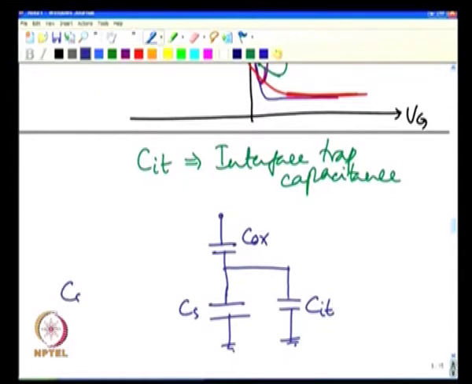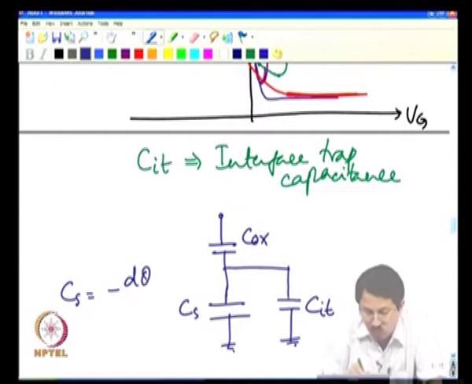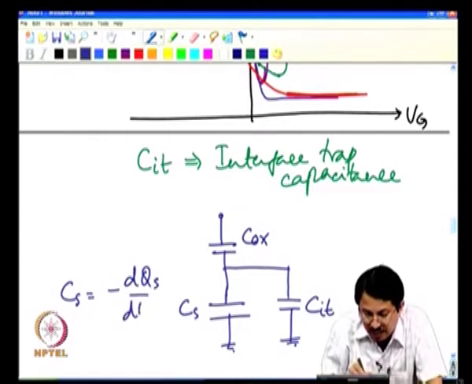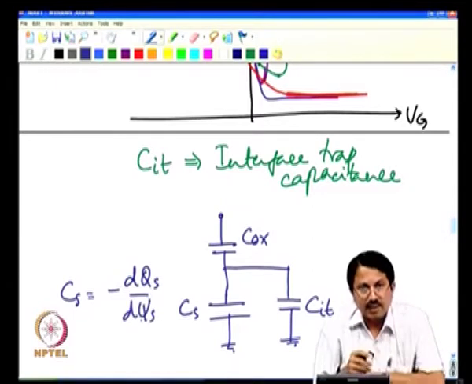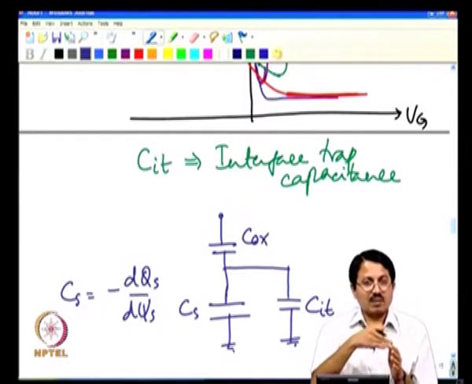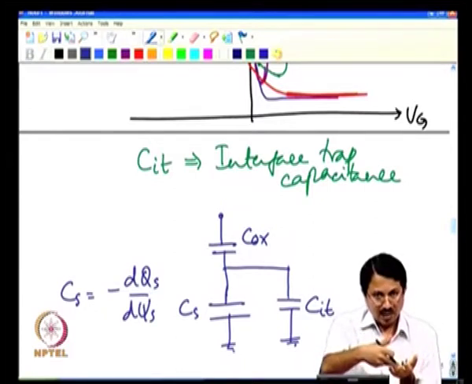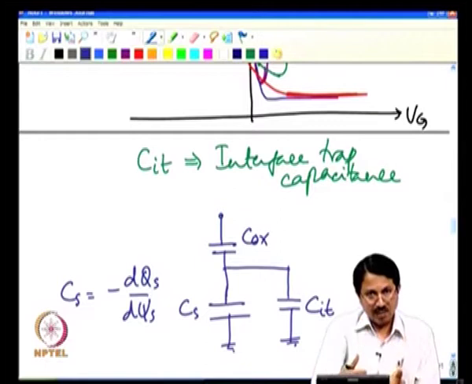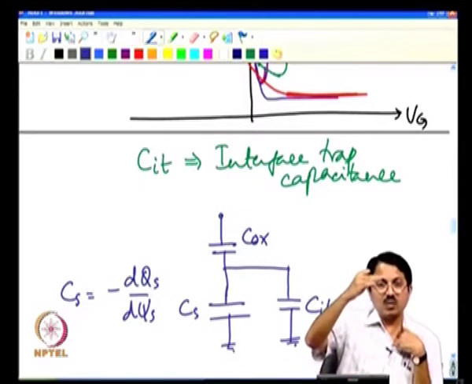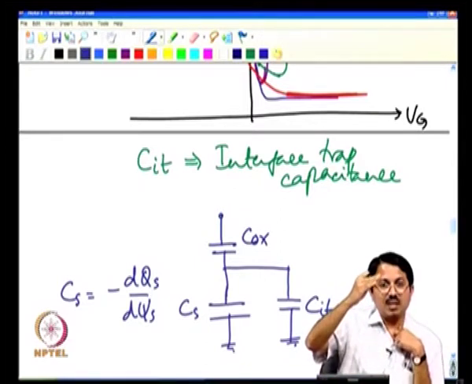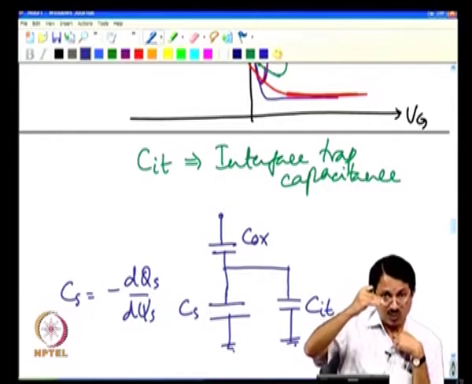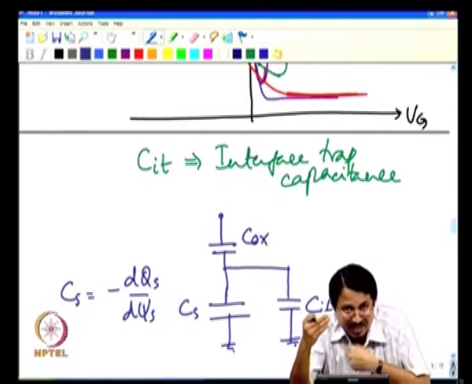Just as Cs is defined, how do you define that Cs? Minus dQs by d psi s, correct. Whenever I try to change the surface potential, there is a corresponding change in semiconductor charge that constitutes a semiconductor capacitance. Precisely on the same definition, as I am trying to change the surface potential, traps are also changing their charge states.